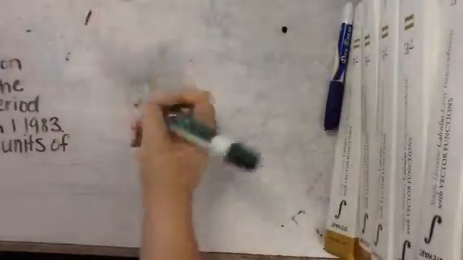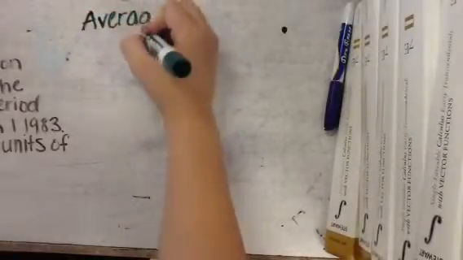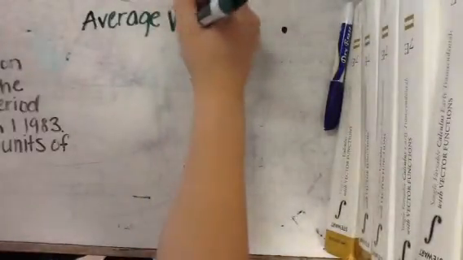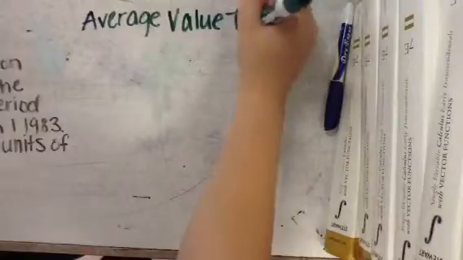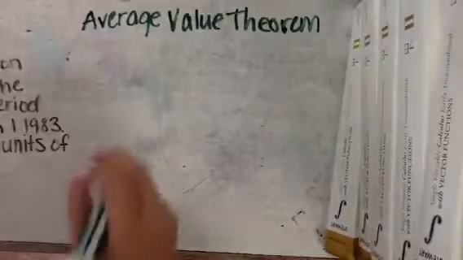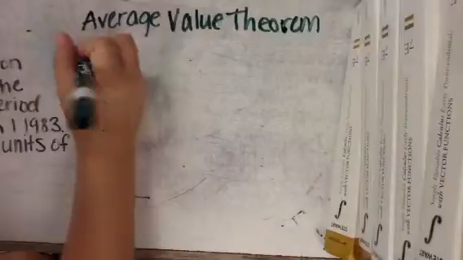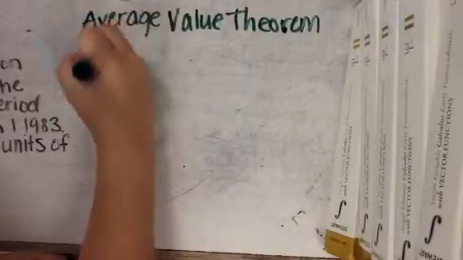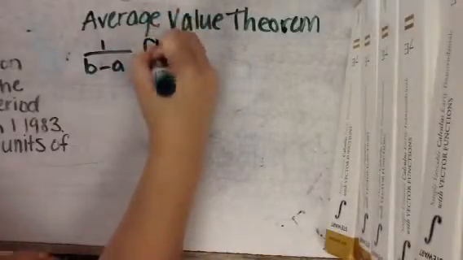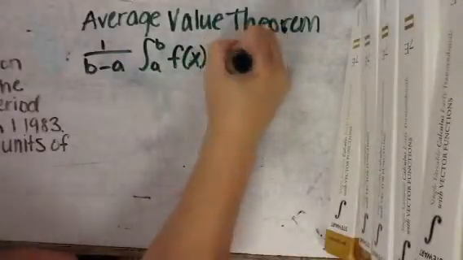For this, we're going to use the average value theorem. This theorem states that the average is 1 over b minus a times the integral from a to b of f of x dx.